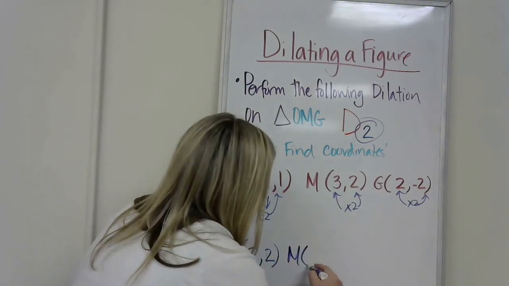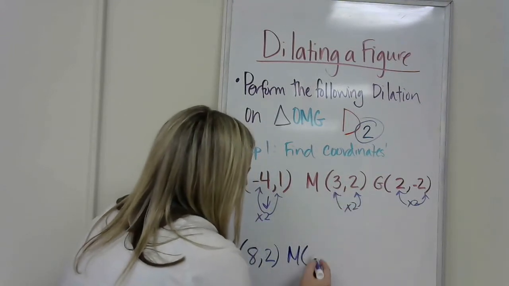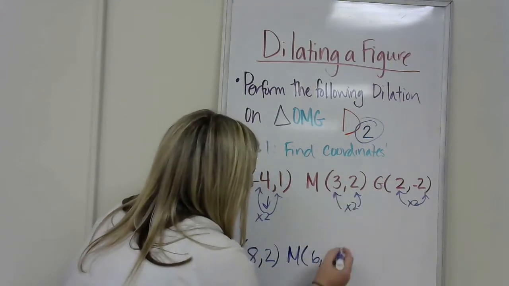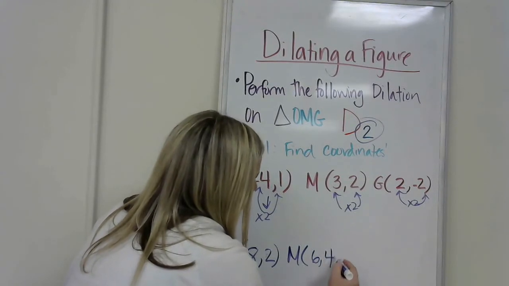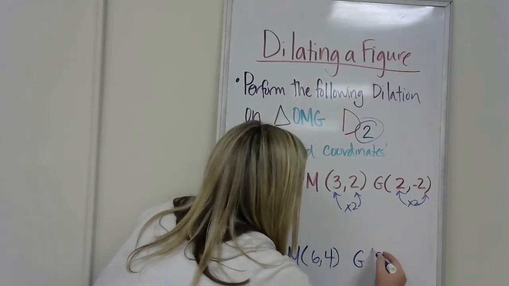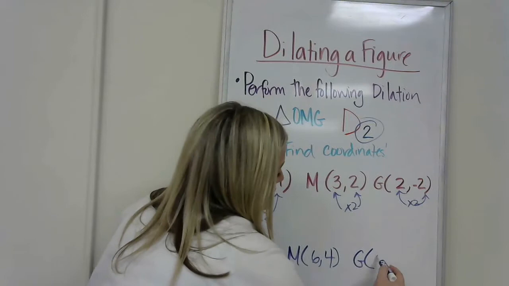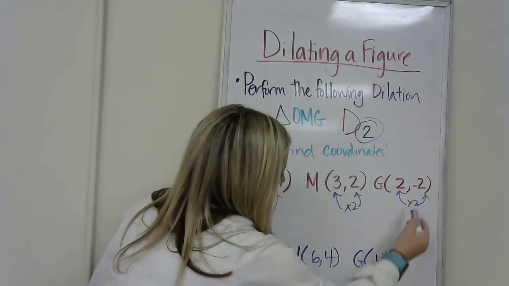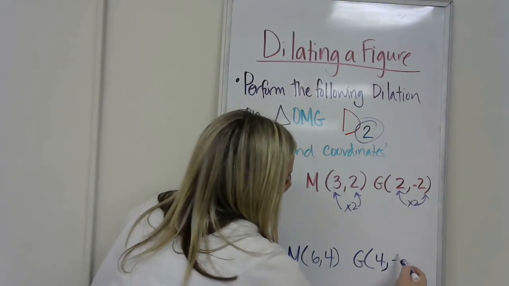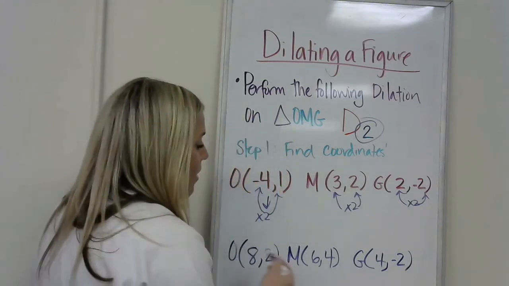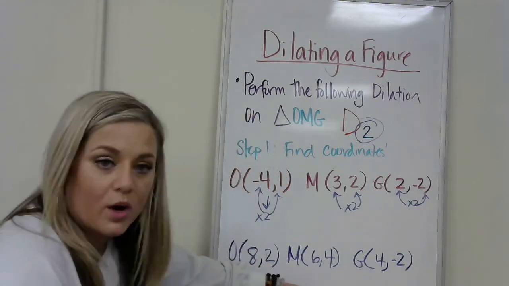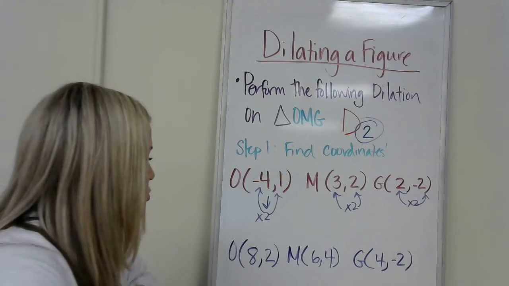M would be 3 times 2 is 6, and 2 times 2 is 4. And then G, 2 times 2 is 4, and 2 times -2 is -4. So that would be our coordinates for our next triangle.